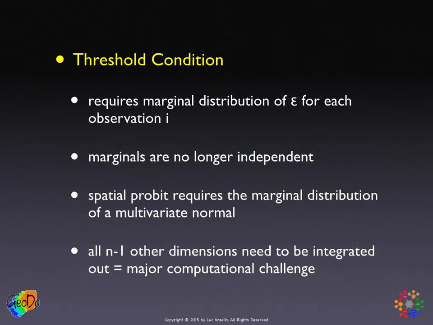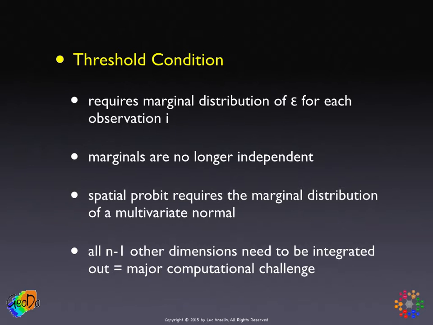The problem is that the distributions of the error terms are no longer independent. They're all interrelated through this complex multivariate expression. To get the marginal distribution for each observation i, we need to integrate out all the other random variables. And in the spatial case, the distribution has the dimension of the number of observations.